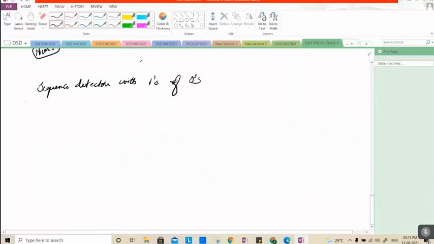First, we shall do this, and later the same concept may be applied on a large scale. Now, how to design these things? How to design sequence detectors?